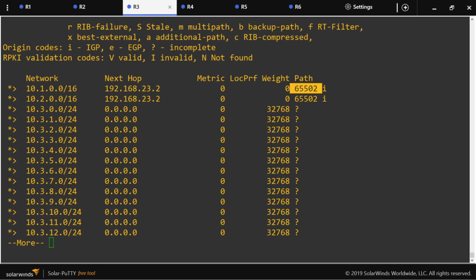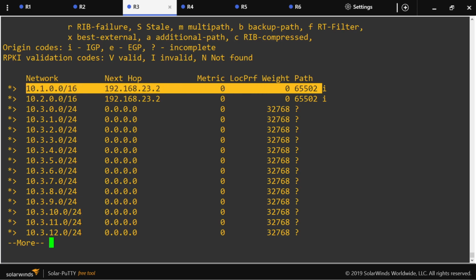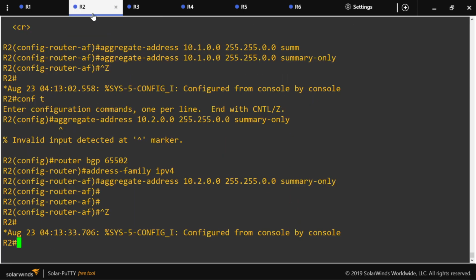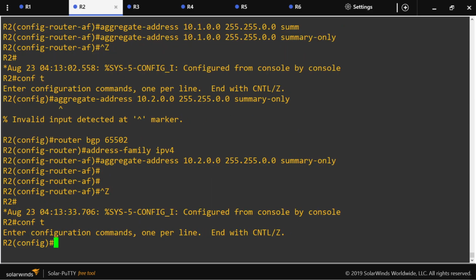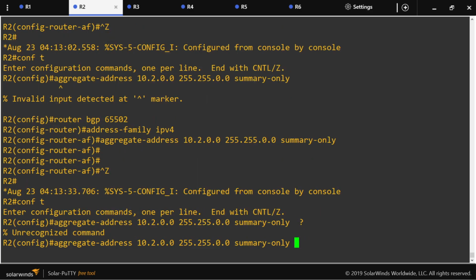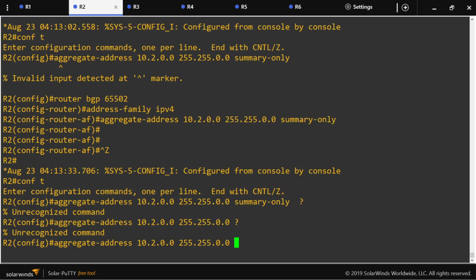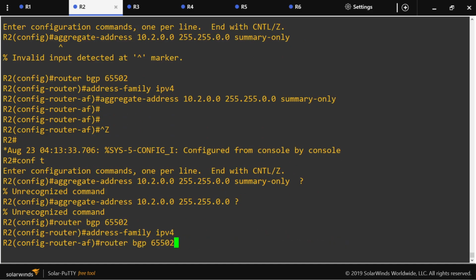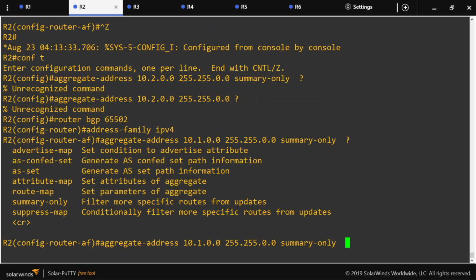So if I want to have that information, in order to know how many autonomous systems this summarized prefix is gathering networks from, I will have to issue the parameter as-set.